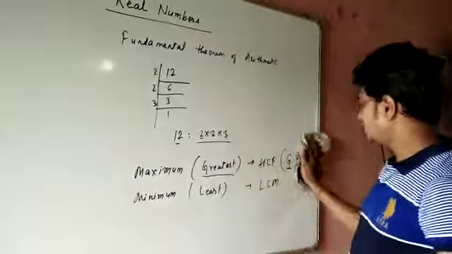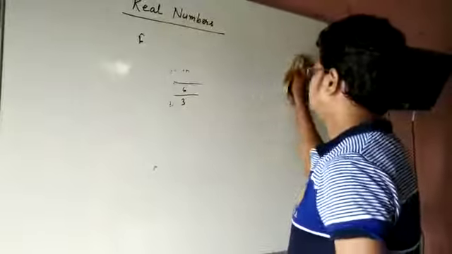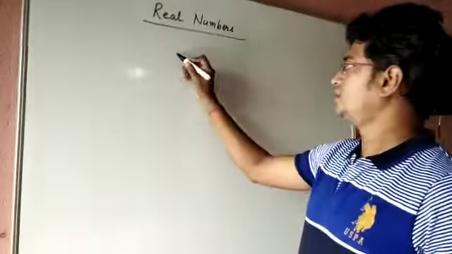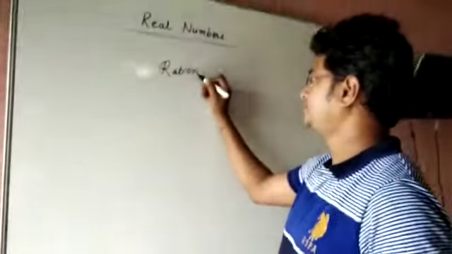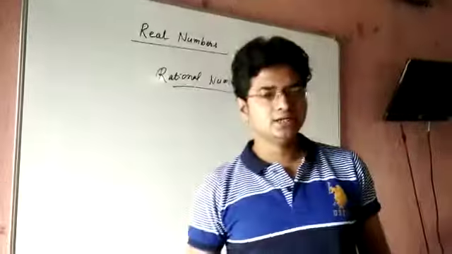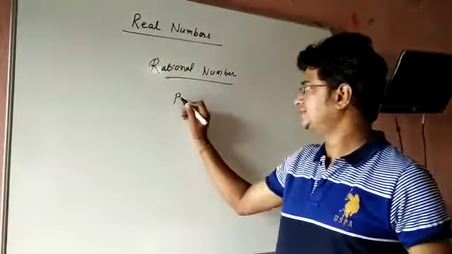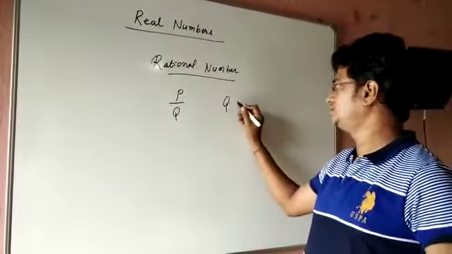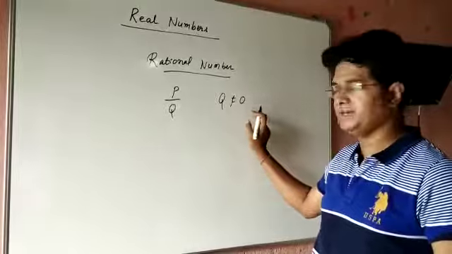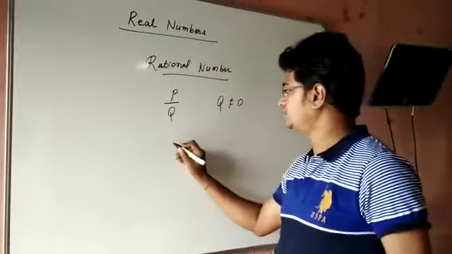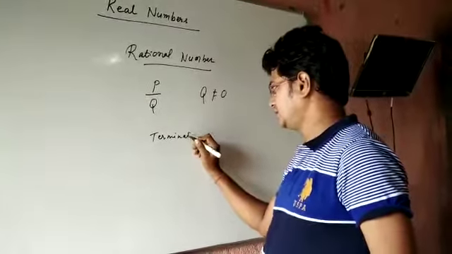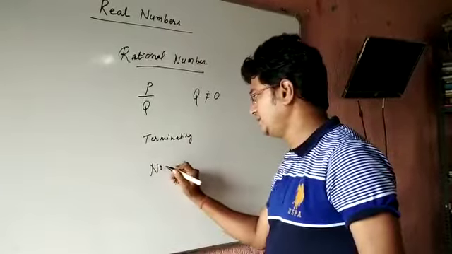Now already you have studied about rational numbers and irrational numbers. A rational number is a number which can be expressed as p by q such that q is not equal to 0. Means it can be expressed in terms of numerator and denominator, and the denominator will never be 0. Under rational numbers, we can have terminating and non-terminating.